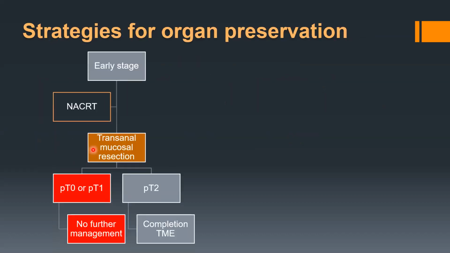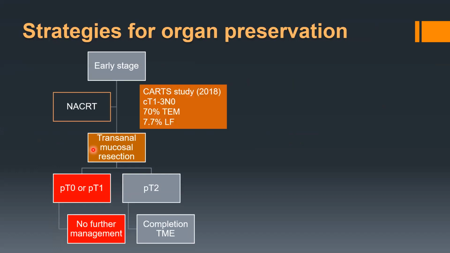Now, there are two strategies for organ preservation. One is in early stage patients, where the goal is to give neoadjuvant chemoradiation and try to either do no surgery or do a transanal mucosal resection. And based on the result of that, decide on whether to do a TME surgery or not. And there has been a study, the CARTS study published in 2018, where they could see that this could be achieved.